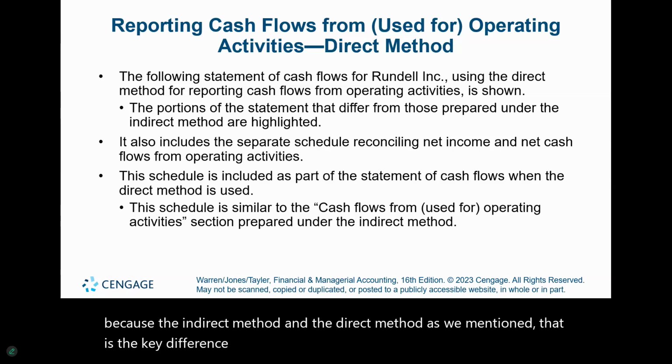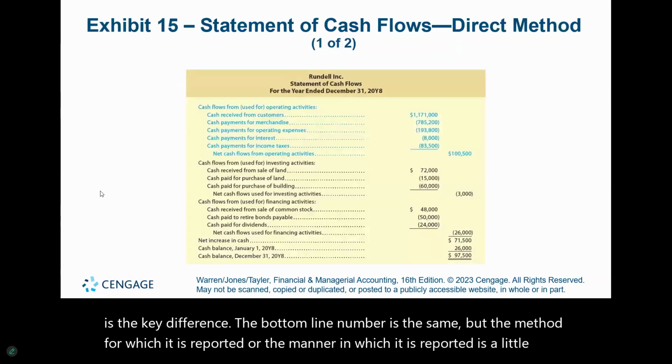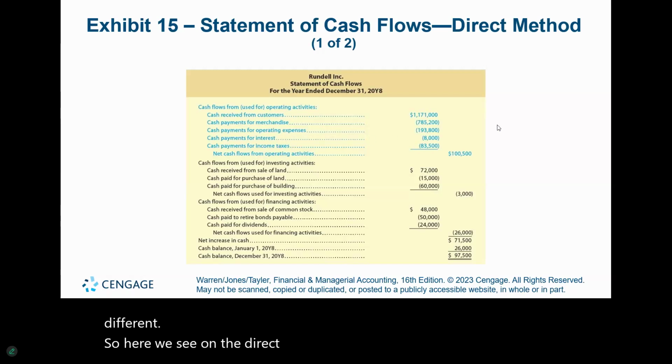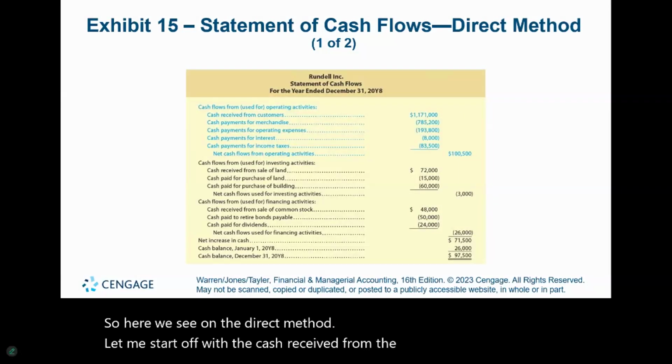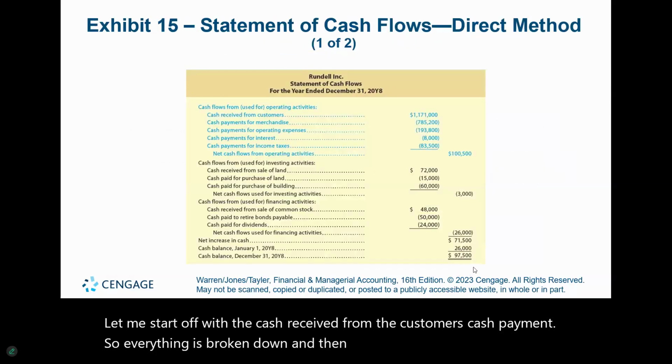The bottom line number is the same, but the manner in which it is reported is a little different. Here under the direct method, we start off with the cash received from the customers, cash payments, so everything is broken down. And then ultimately, we get to that bottom line of cash balance.